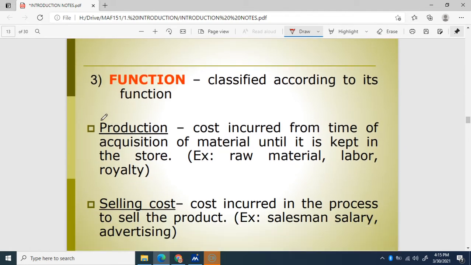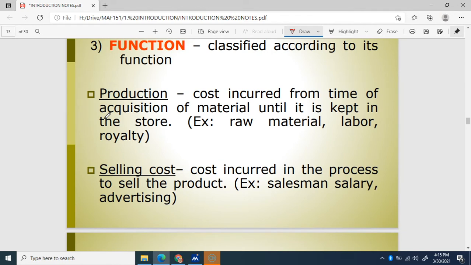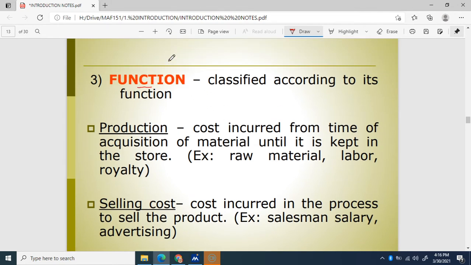Next one, by function. We can classify the cost by function. Normally we can classify into two main categories: production or manufacturing, and non-production.